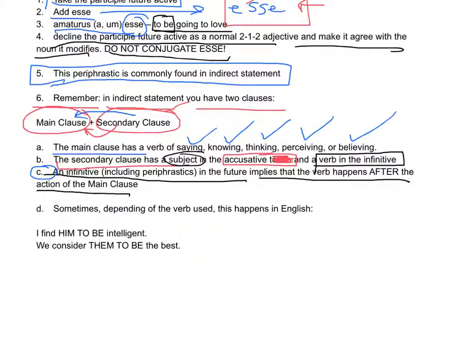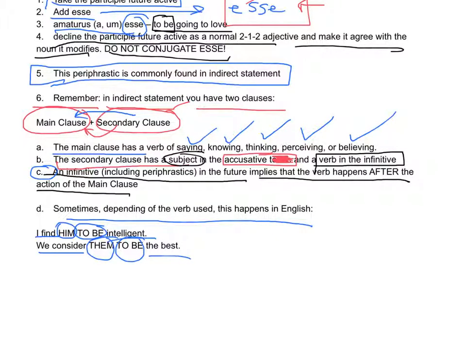In English, you do actually get a kind of structure like this. Sometimes, depending what verb you're using in English, you actually do get something similar to the Latin. For example, I find him, that's an accusative, to be, that's an infinitive, intelligent. Or we consider them, that's an accusative, to be, that's an infinitive, the best.